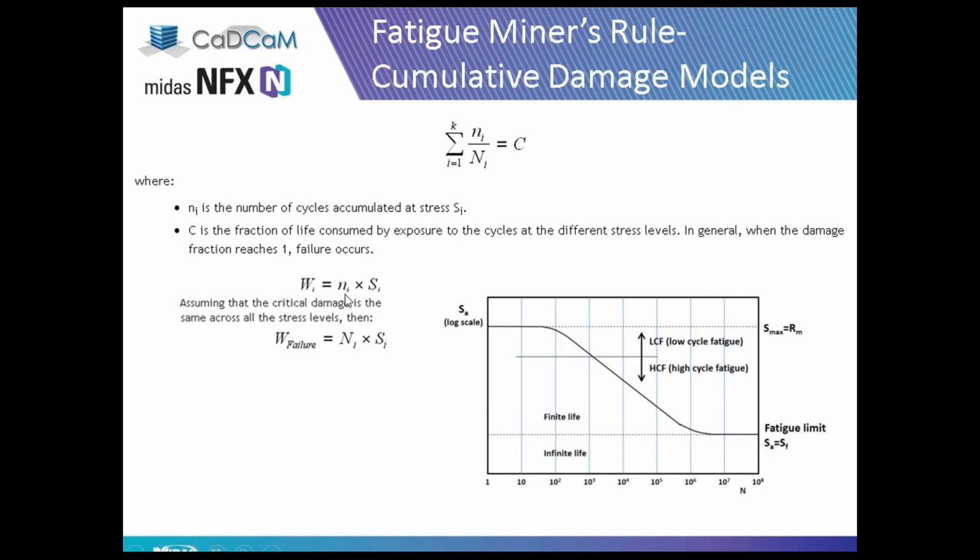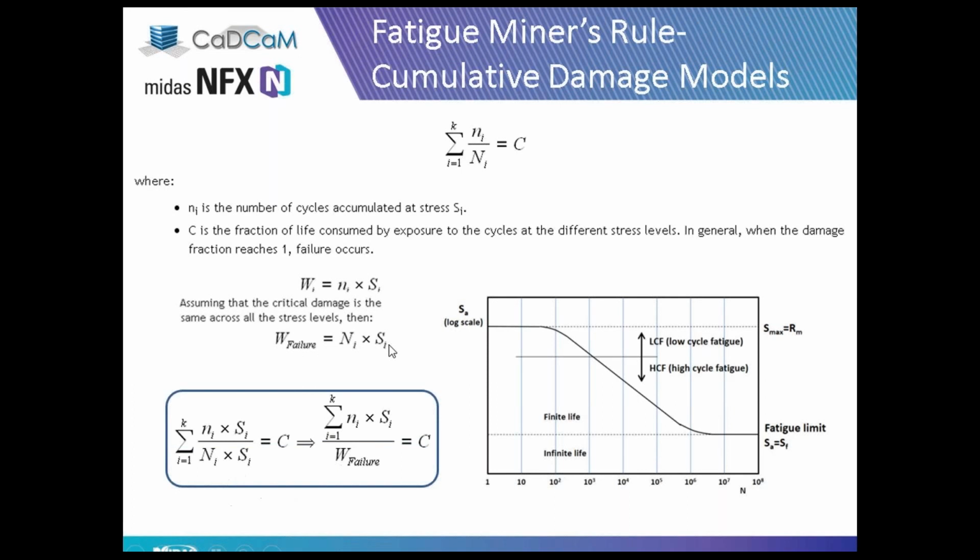Wi is equal to small ni multiplied by Si, and Si is according to the number of cycles ni. And W failure is equal to big Ni multiplied by Si, and then we have the opportunity to achieve the fraction of life, C.